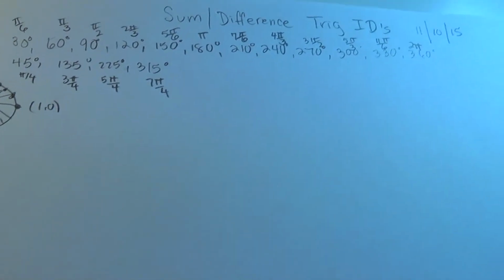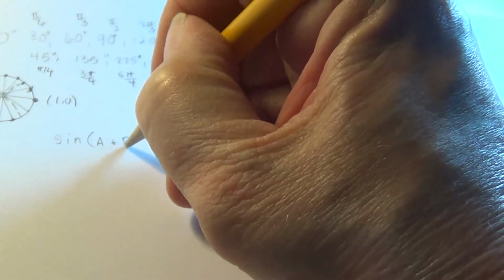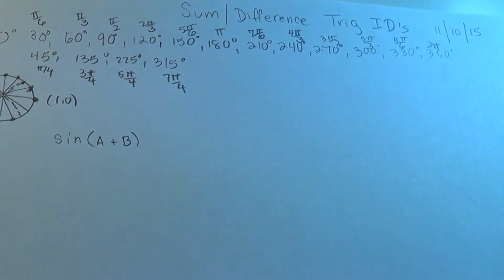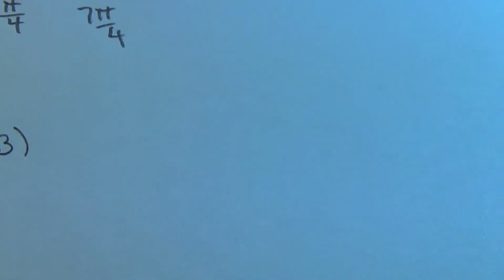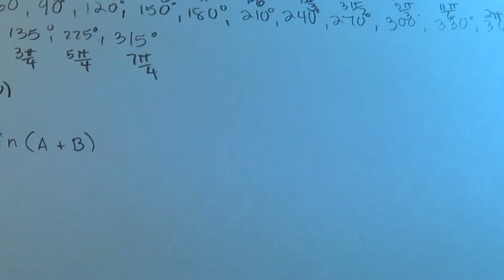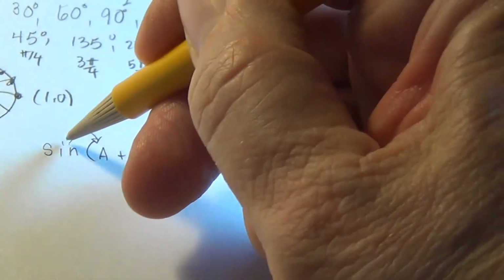We're going to develop our first formula by looking at this. The sine of a plus b. There we go. Sine of a plus b. I was wondering if it works like this.